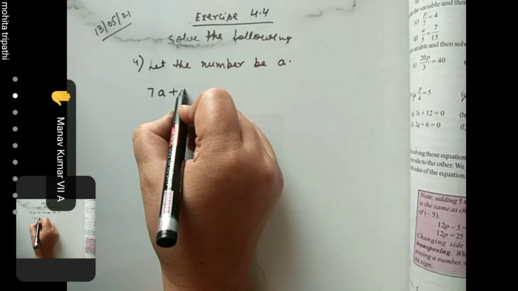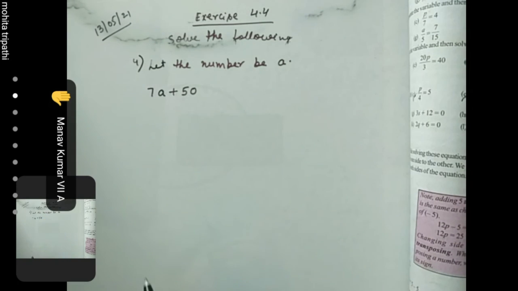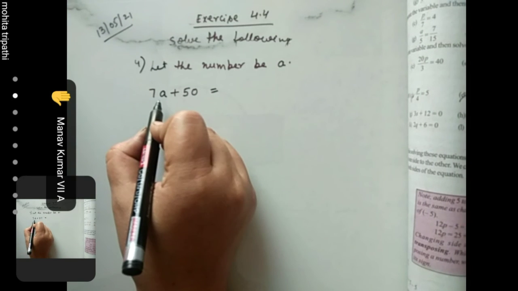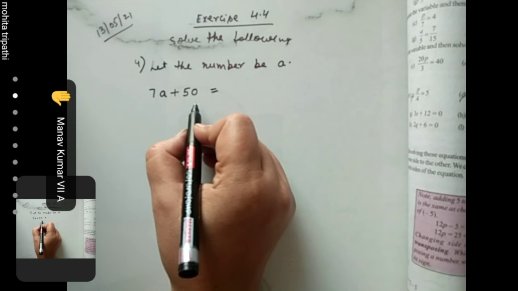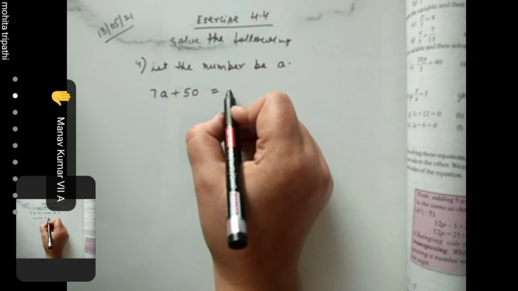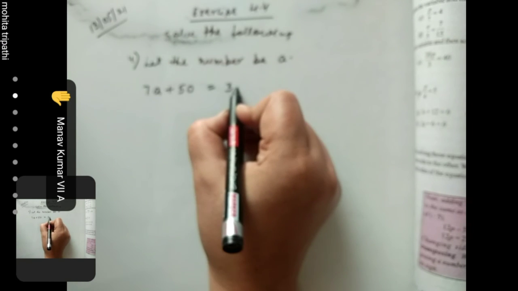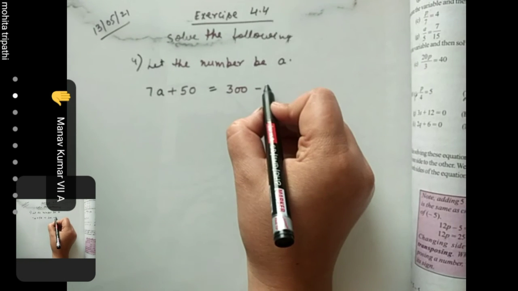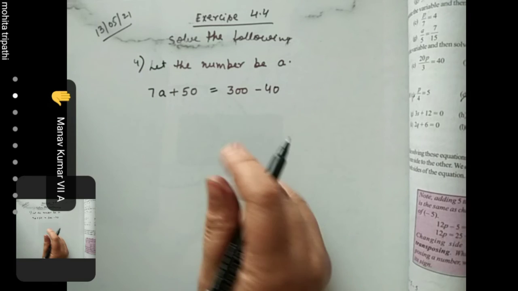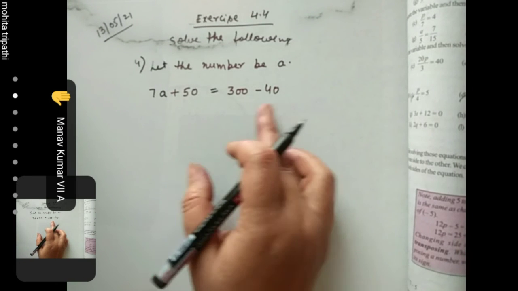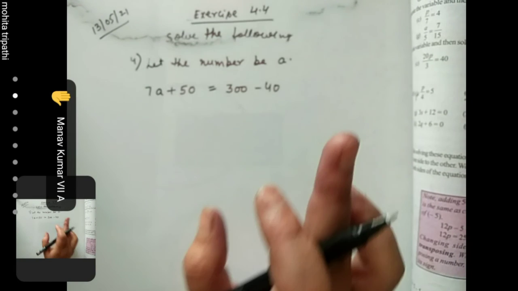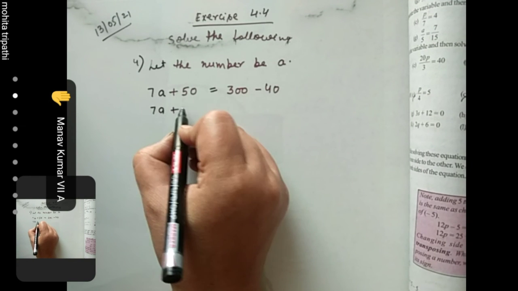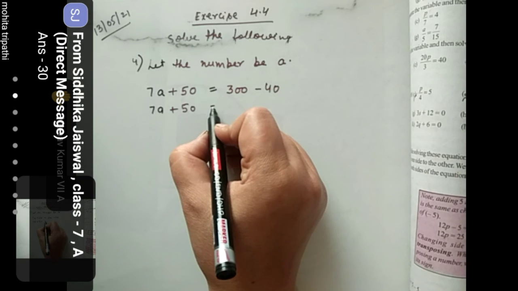After taking 7 times the number and adding 50 to it, to reach a triple century you still need 40. Still 40 is there.